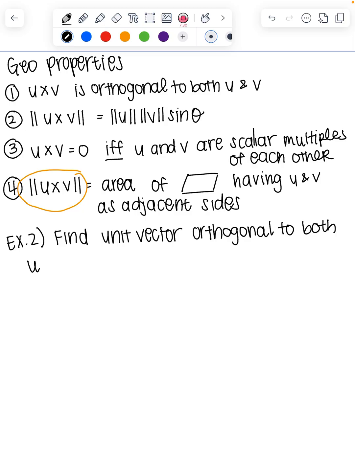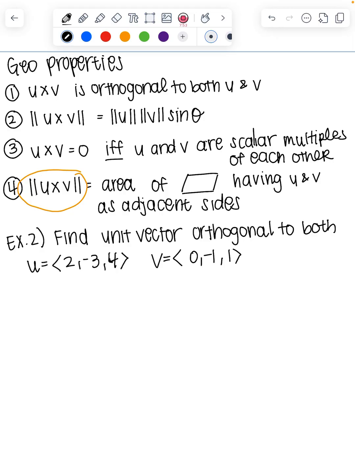Okay, so u is equal to, I'm going to go to -3, 4. Oh my goodness, what is happening? This pen better not give out on me. Okay, and then v is equal to 0, -1, 1.